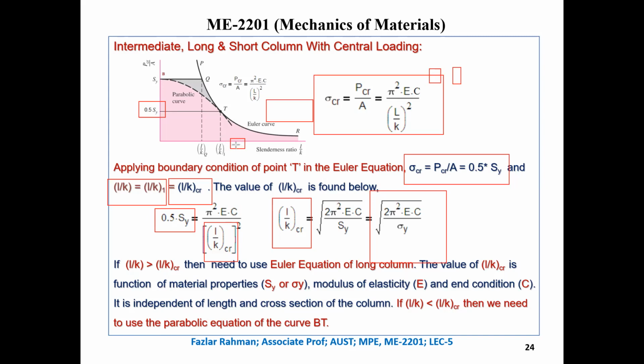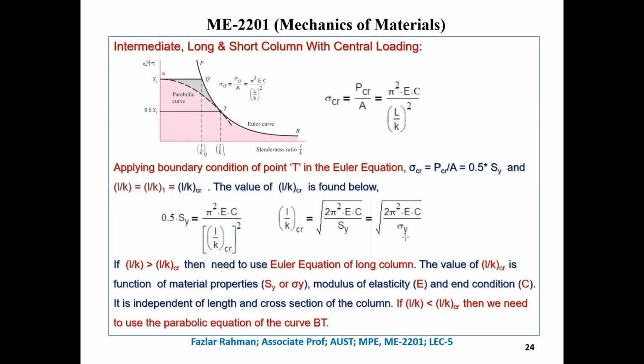But if you are on the left side of this L by K1, the column behaves like a short column. So that's why they say this is the critical slenderness ratio. And if you look carefully, in this ratio there is no length of the column, only end condition, E, and material property. Okay, so we got one formula.